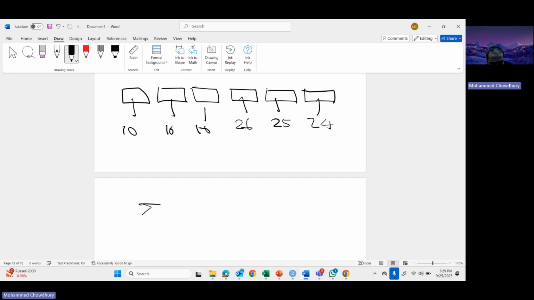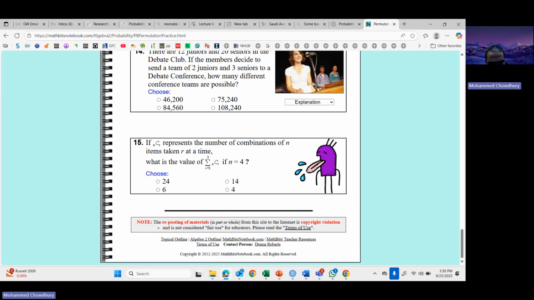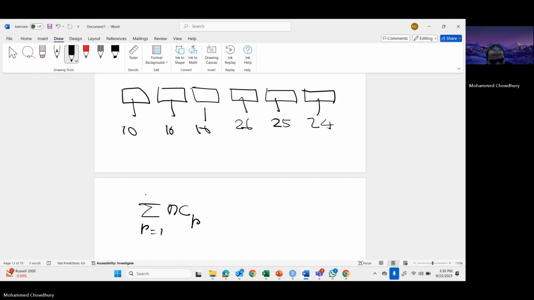It is saying nCr, and then r takes values 1 to 3, and then n equal to 4.